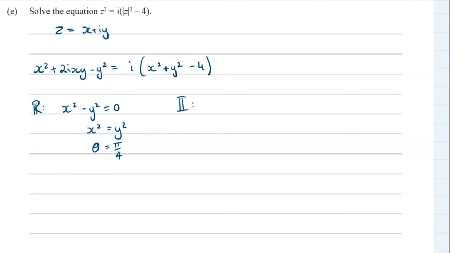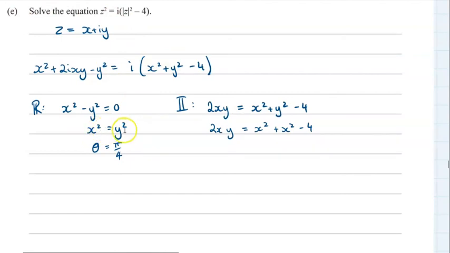Comparing the imaginary side of this equation, on the left we have 2xy, and on the right we have all of this bit. So we work that through. We've just found that x squared and y squared are the same, so we can replace the y squared with x squared here. So 2xy is equal to 2x squared minus 4.